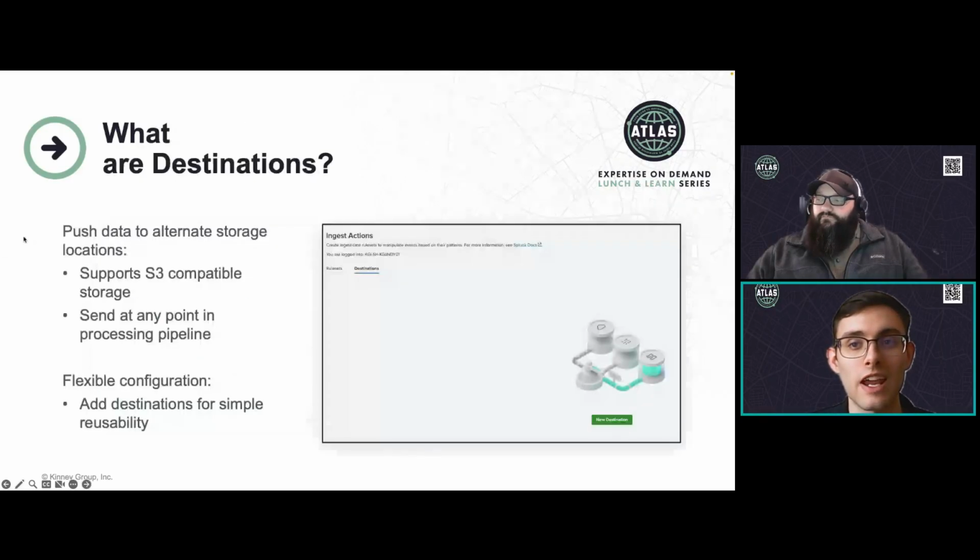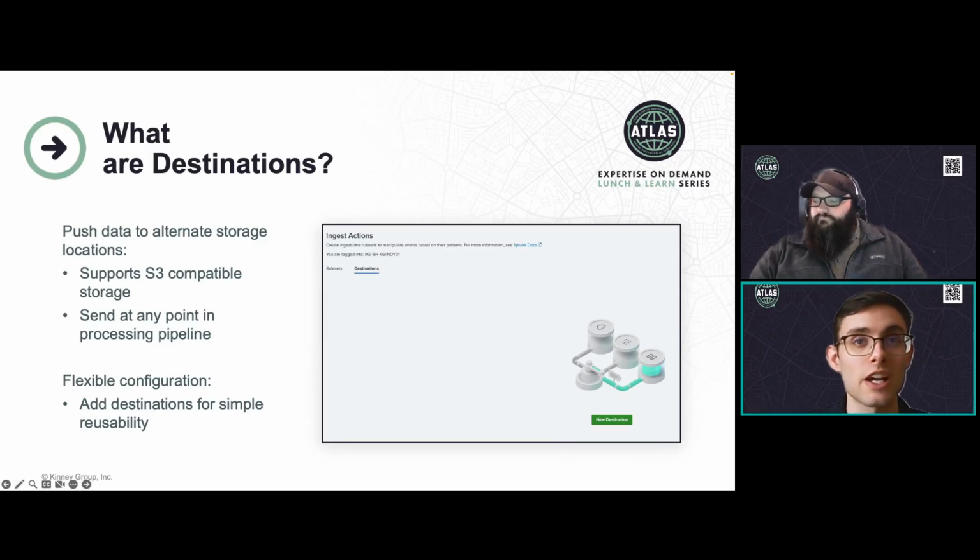Before we get hands-on, I want to talk about destinations. We don't have any S3 storage to link up today, but I do want to call out that this is a great feature for being able to use Splunk external storage. We see this come up a lot with compliance considerations, the ability to re-ingest data, and to review original logs where maybe some pre-processing before ingestion has changed their contents.